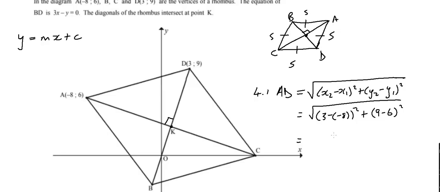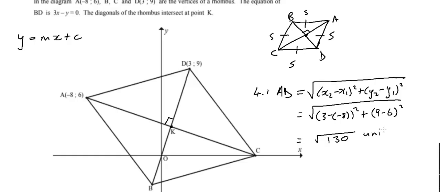Anyway, let's just punch it into our calculator. 3 minus negative 8 is 11 squared, which is 121, plus 9 minus 6 is 3 squared, which is 9. And our answer is just the square root of 130.